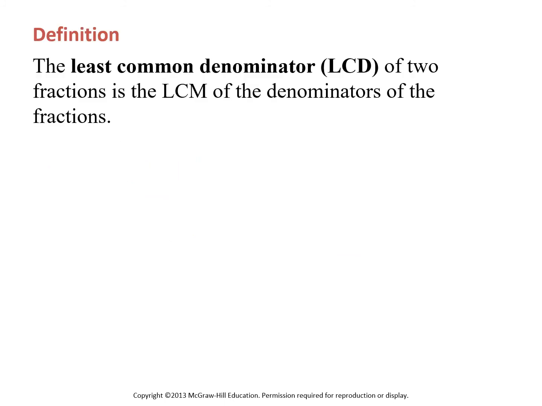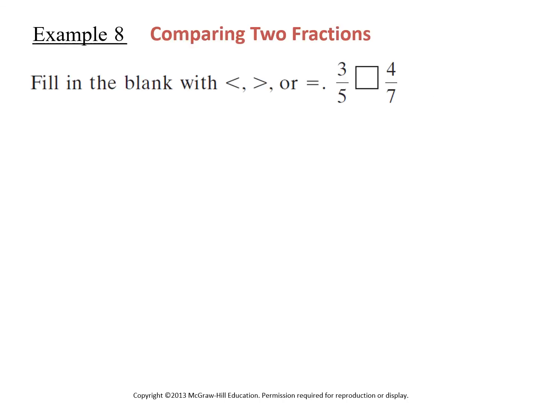The least common denominator, LCD, of two fractions is the least common multiple of the denominators of these fractions. So if I want to compare 3/5 and 4/7, I'm going to find common denominators, and the least common denominator will be the least common multiple of the denominators.